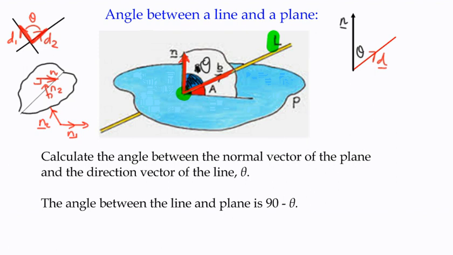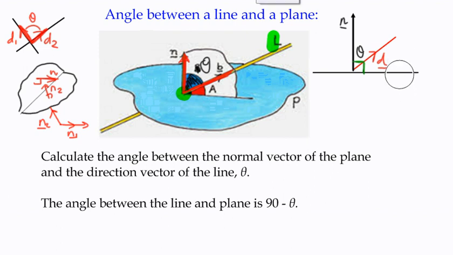But what we do know is that the normal to the plane is, of course, at a right angle. If we think about it in a two-dimensional situation, we know that the normal has to be at right angles to the plane. So whatever we work out as theta, the difference to it is just going to be 90 minus theta.